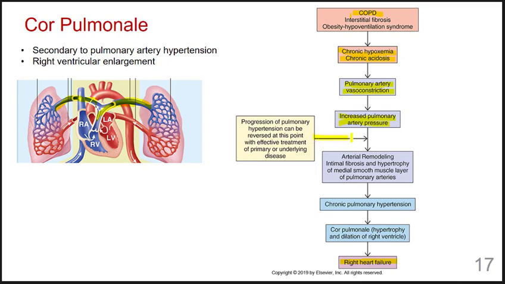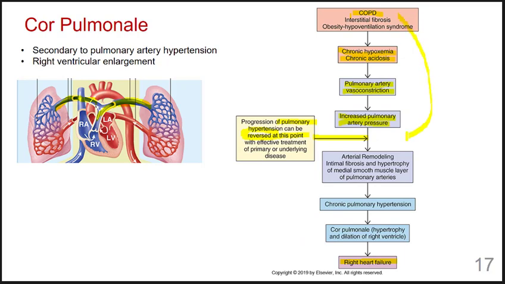If this is identified as happening, this is when reversal can happen, this pulmonary hypertension. But past this point, once we start seeing changes to the actual heart wall, this is where the disease becomes much more concerning.